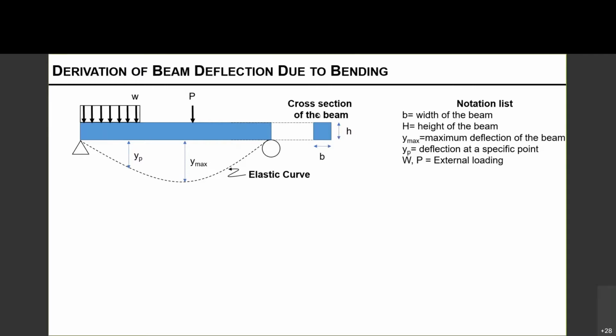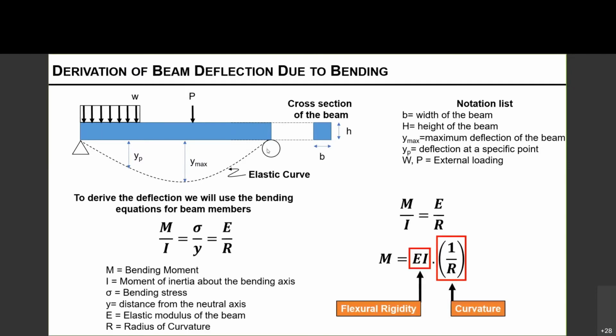So based on these factors, the load, the cross-sectional properties, the material properties, and also the boundary conditions, these deflected shapes will be different. In order to derive the deflected shape for a given structural beam, we will be using the bending equation for beams.